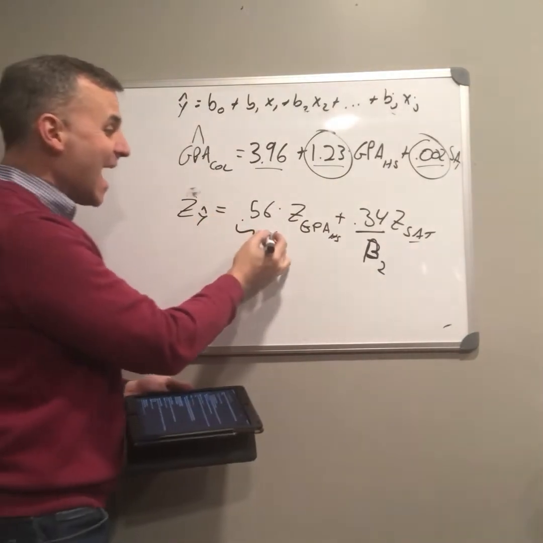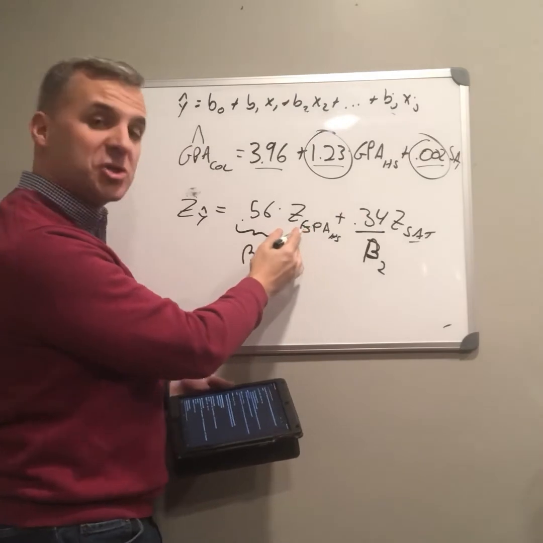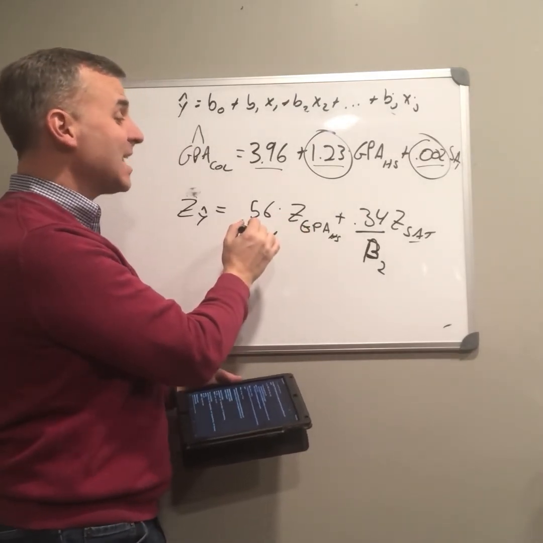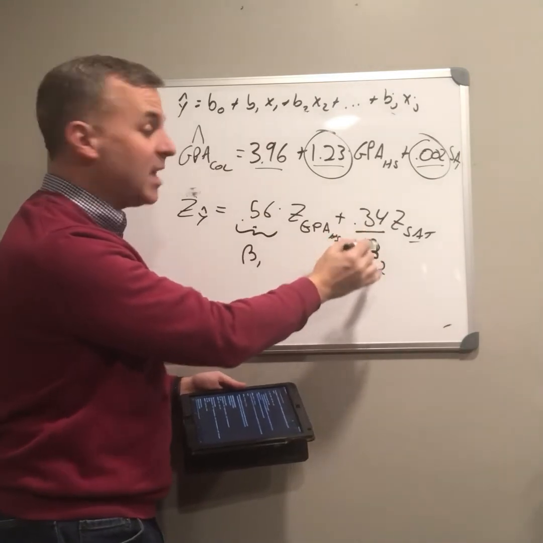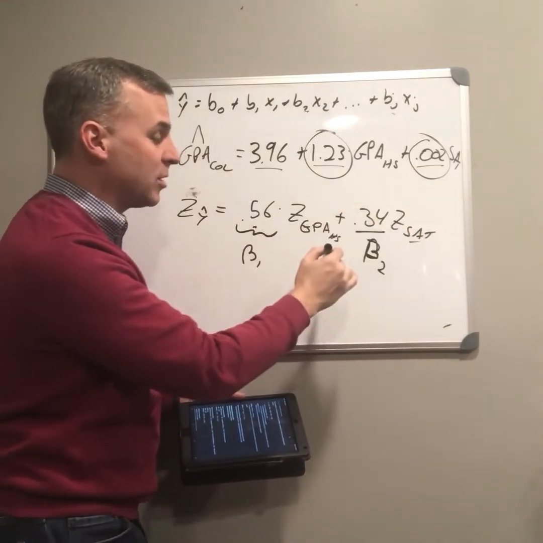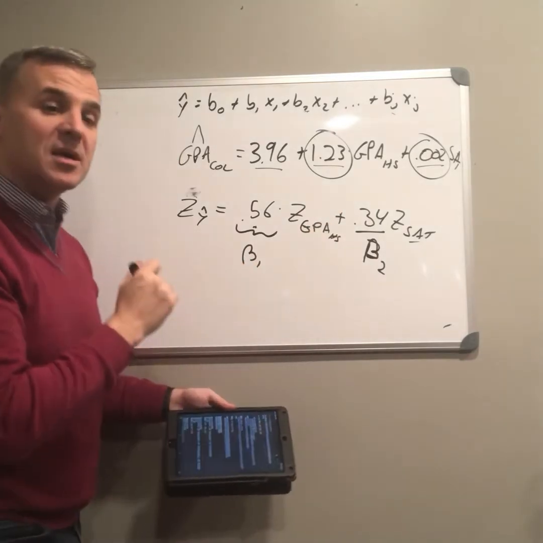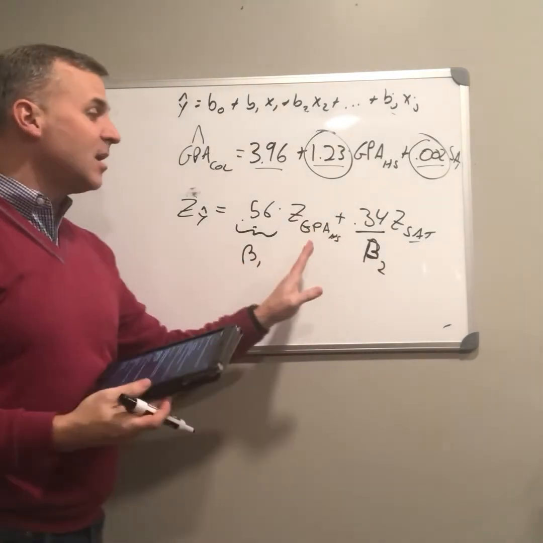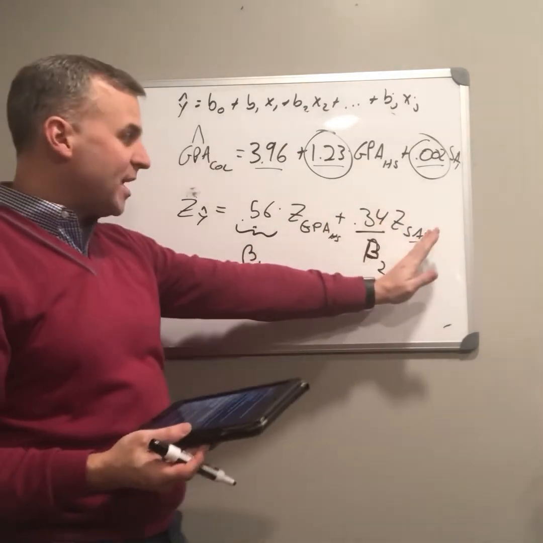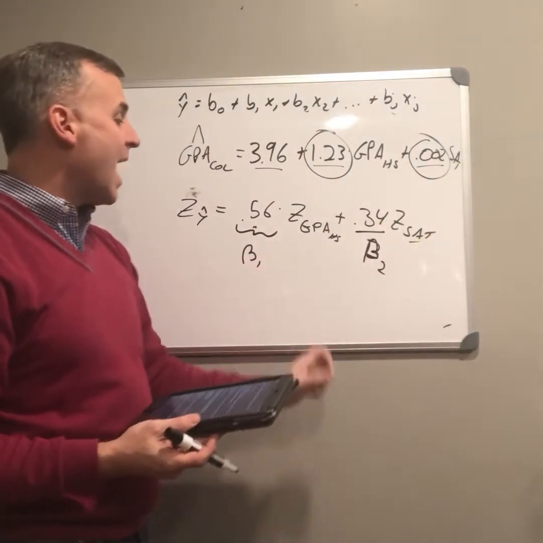right? So I can say that the partial rate of change associated with high school GPA is 0.56. That's a lot more than the partial rate of change of SAT scores, right? Standardized. So now again, it's still partial, so that part still stays the same. It's still holding SAT scores constant.